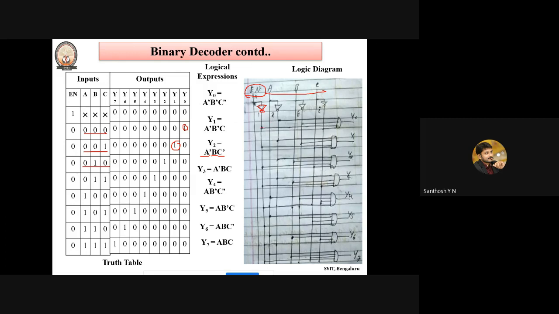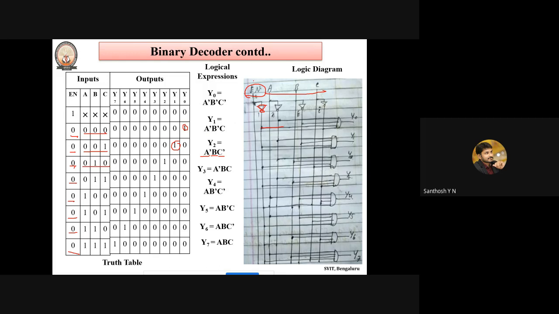You have to take the signal from enable bar only. Why? Because we are considering the active low enable signal. Therefore, each and every AND gate should get its input from enable bar. We should not take the data from enable; we have to take it from enable bar in order to get the output.